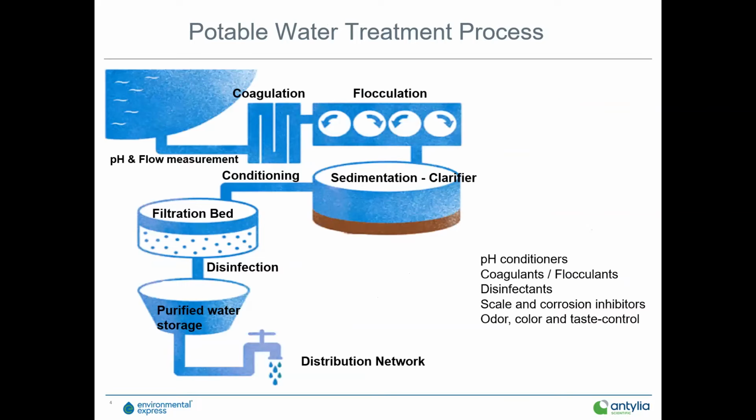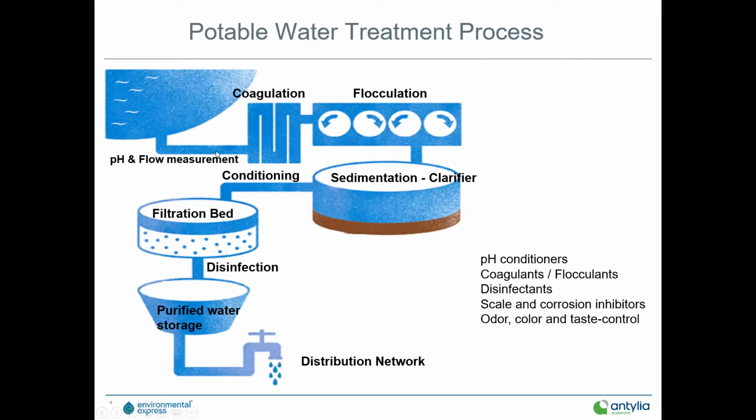So this is just a brief, very basic overview of the potable water treatment process. Again, there are many different types of potable water plants in the US. Depending on the region of the country you're in, they may have some different components. But this is essentially it, starting with the upper left corner. This is a lake or a reservoir.